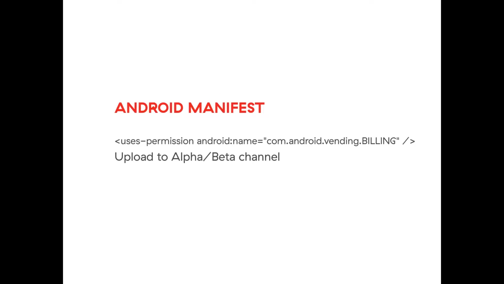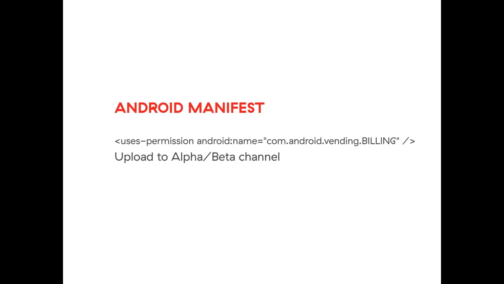Another thing is you need to add a permission in the manifest in order to allow your application to use in-app billing. After you've done that, in order to be able to define items that can be purchased for your app, you need to first upload this app that contains the billing permission, signed by your release keystore, to the alpha or beta channel.